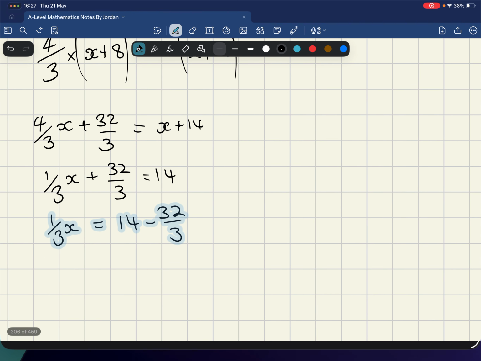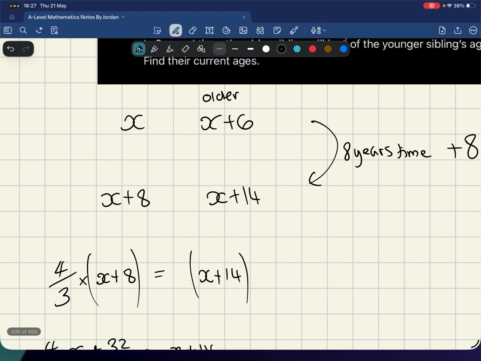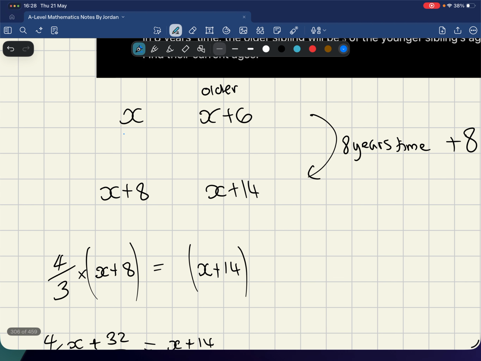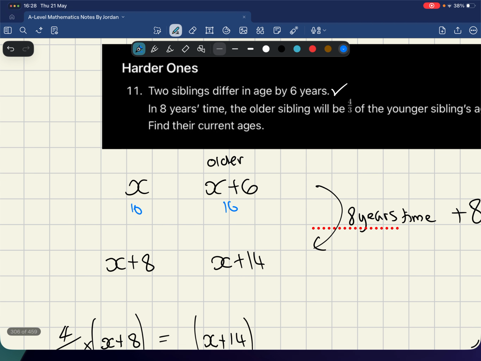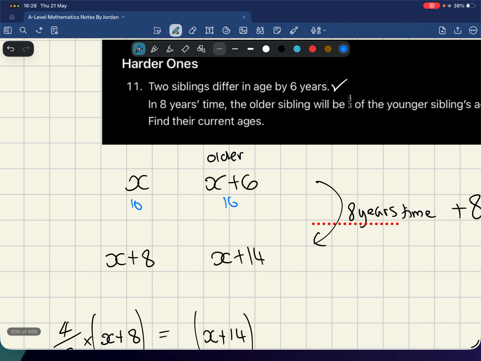Multiplying both sides by 3 gives X equals 3 times 14, which is 42, take away 32, so X equals 10. So that person would be 10, and that person would be 16. These are the current ages they asked for.